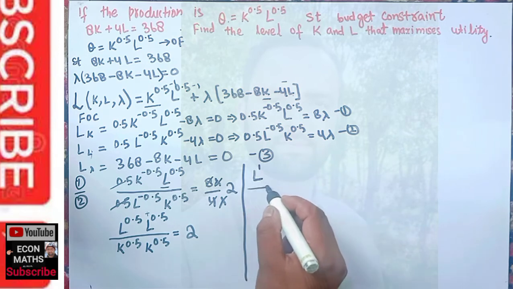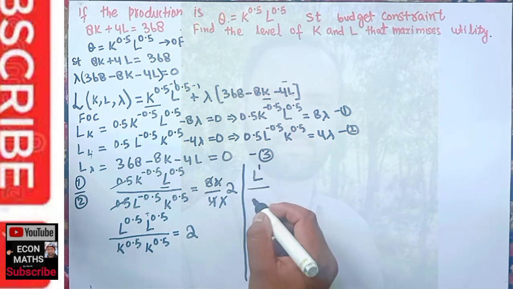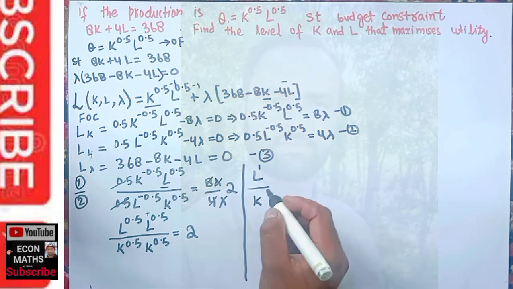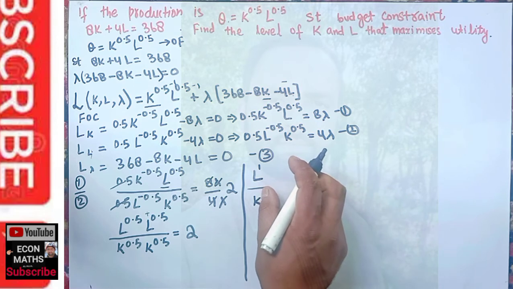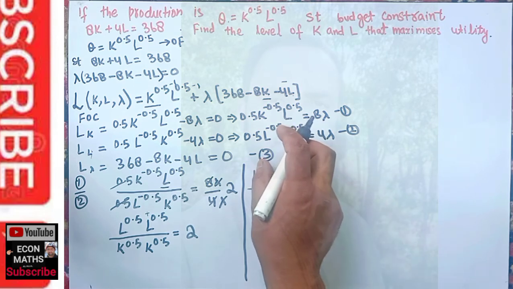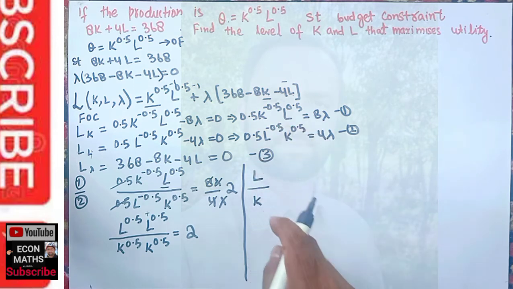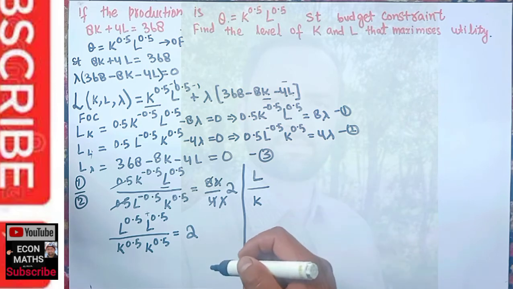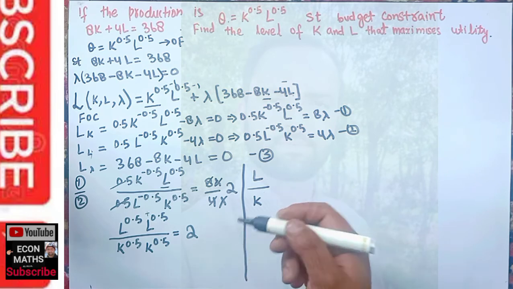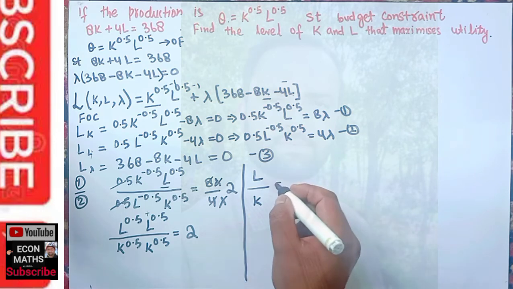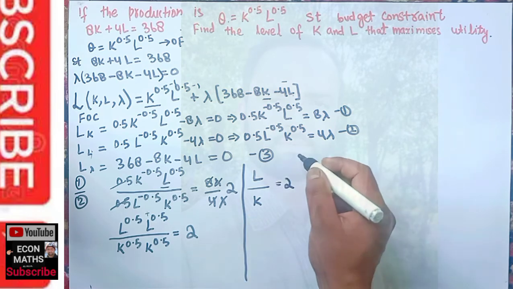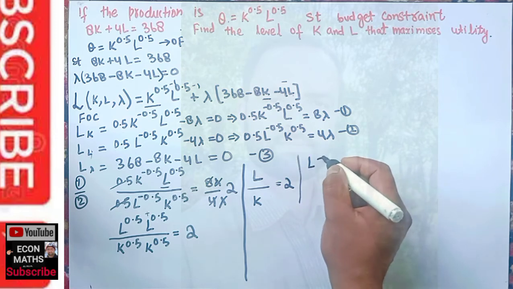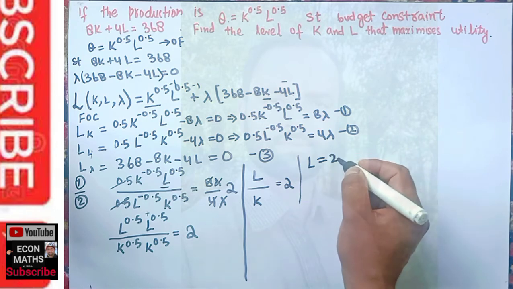Here similarly bases are same, exponents are added, 0.5 plus 0.5 is 1, and we don't actually write the 1, because when there is 1 as the exponent, we don't write that one. And which is equal to 2. Now we can write L is equal to, transposing here, 2k.